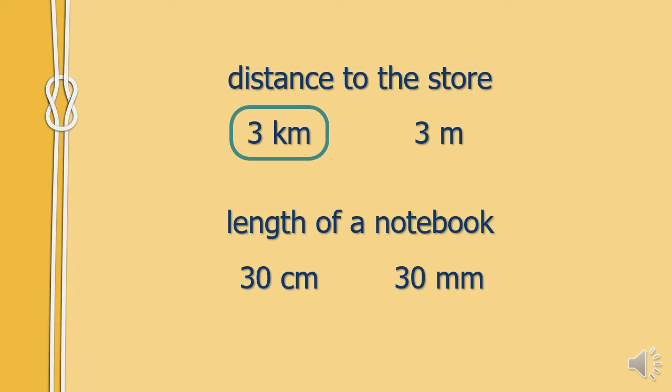If you have your ruler handy, you'll remember that our rulers were 30.5 centimeters long. And that's about the size of a notebook, isn't it? So 30 centimeters is the best choice for the length of a notebook. A 30 millimeter notebook would be a very tiny notebook indeed.